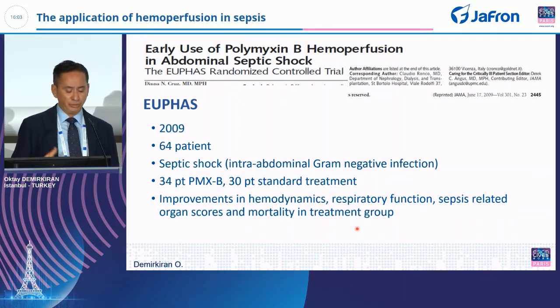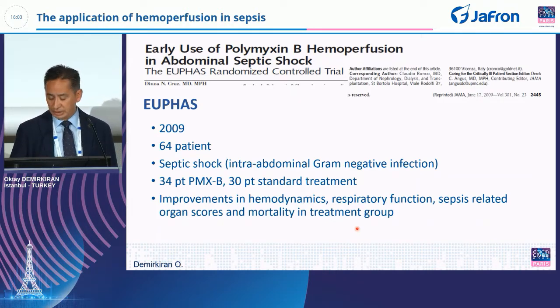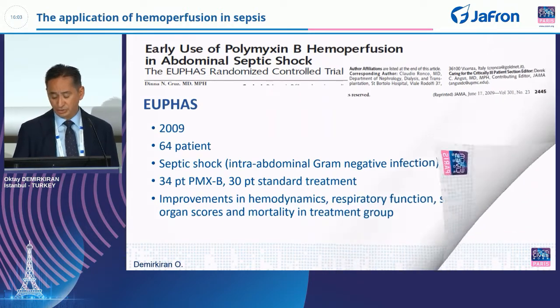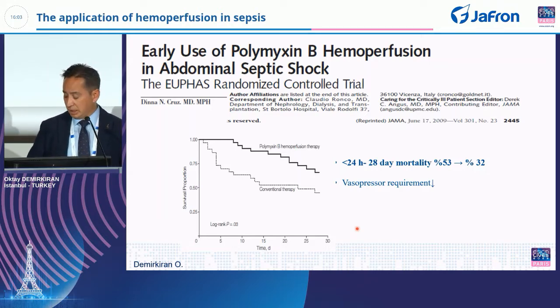34 patients used polymyxin B, and there were improvements in hemodynamics, respiratory function, sepsis-related organ scores, and mortality in the treatment group. There is also a decrease in 28-day mortality from 53 to 28.